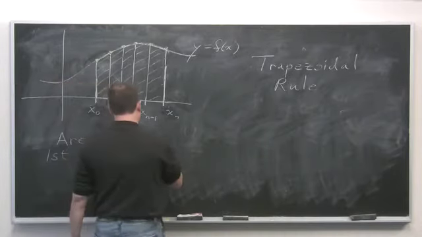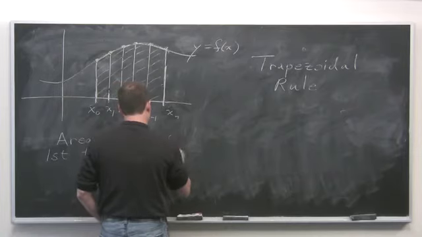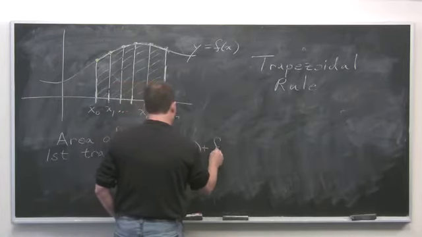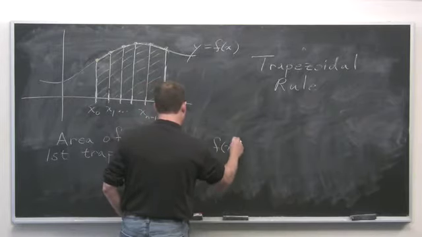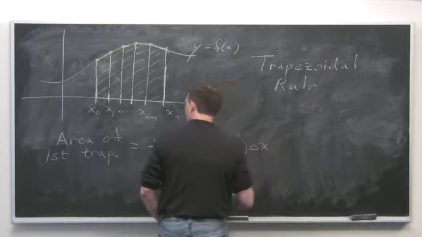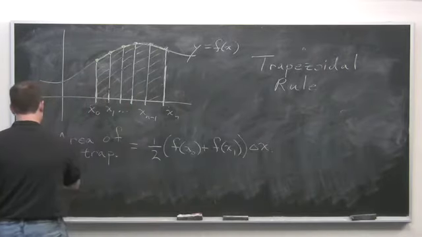So it's 1/2 f of x naught plus f of x1 times delta x.